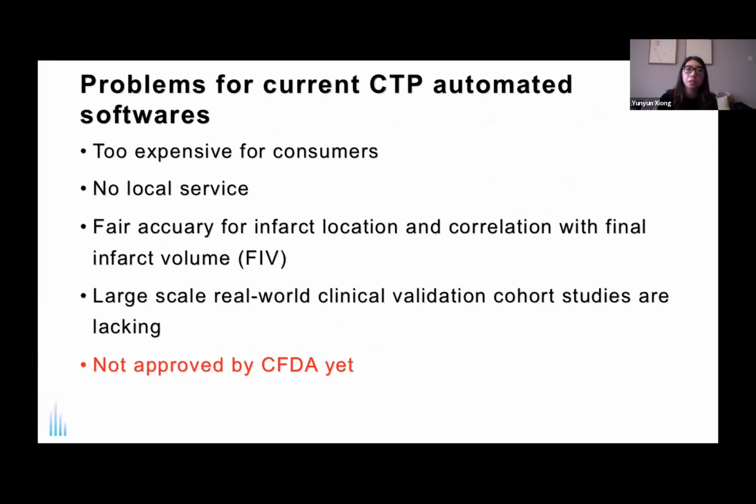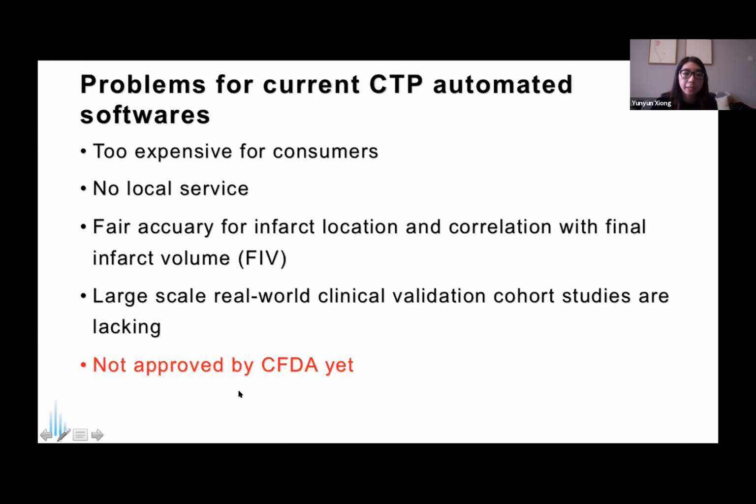So this comes to the problems of the current CTP automated software. Not only does this software charge too much for consumers without any local service, the most important thing in clinical practice is that the CTP-based software has fair accuracy for the infarct location and for the correlation with final infarct volume on diffusion weighted imaging. And they lack large-scale real-world clinical validation cohort studies.